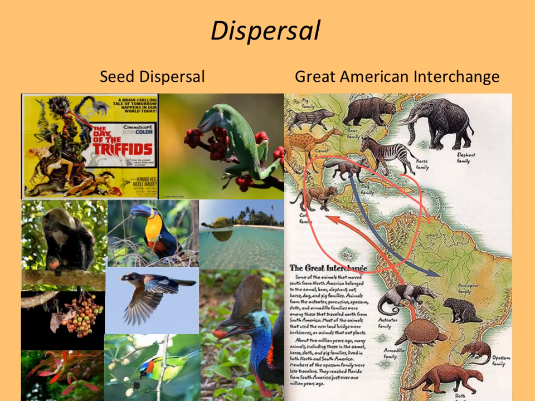Some of the taxa actually moved from South America and colonized North America. It turned out it was asymmetrical. A lot more of the colonists went from North America to South America. They were just better. Some of these were marsupials.